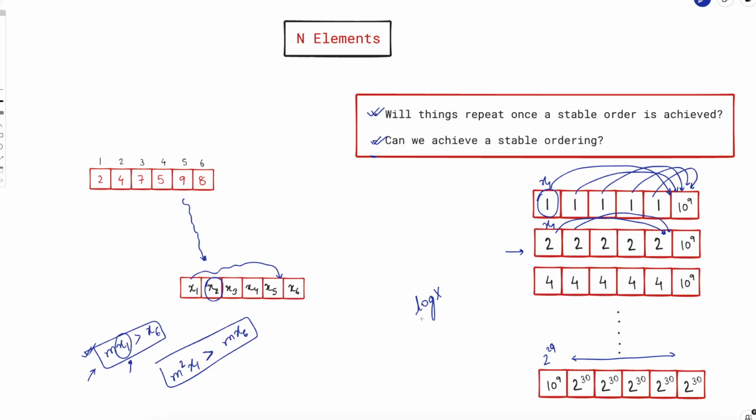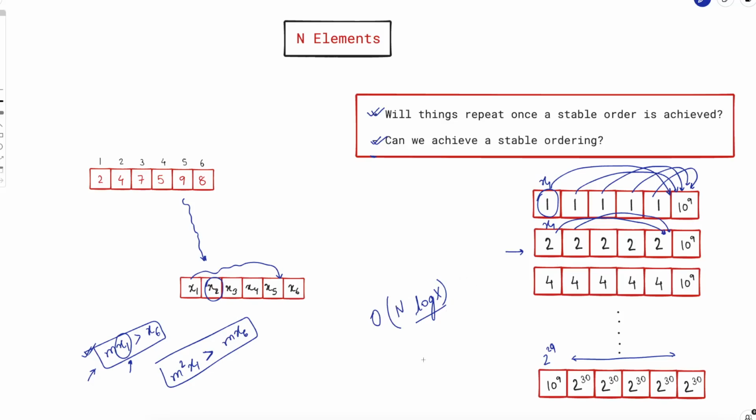But if there are multiple elements, the minimum would keep changing, right? So to make the minimum the next value itself, you need to apply n operations overall. So overall, you will require n log x operations to get to this particular state wherein this inequality is satisfied. So this is the worst number of operations that you are applying.